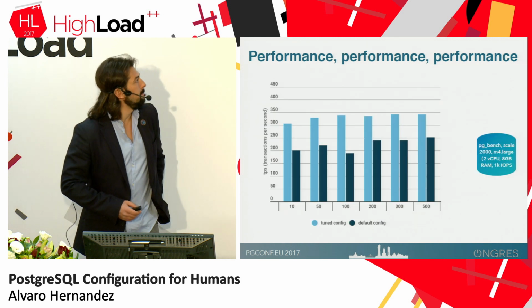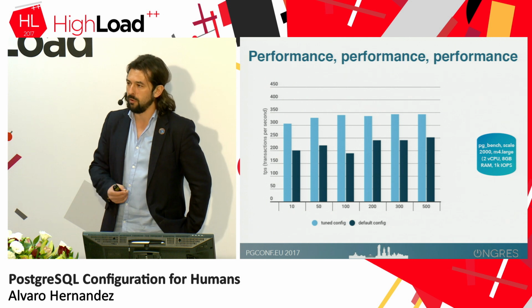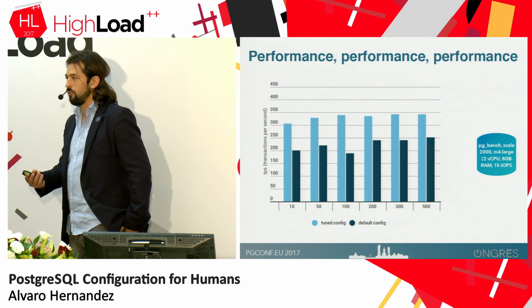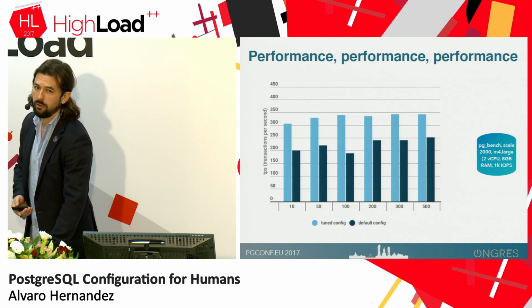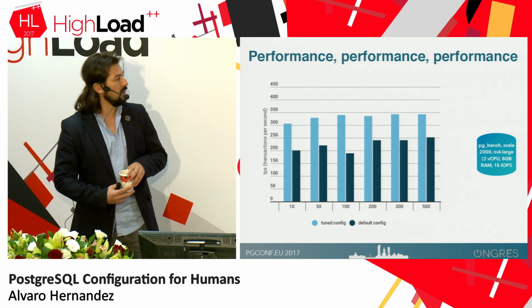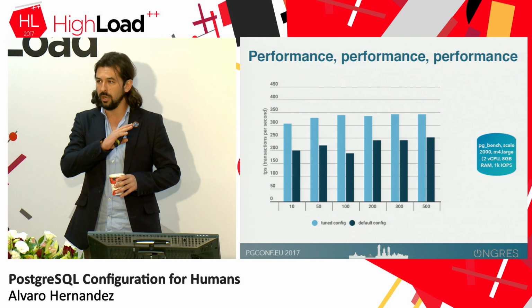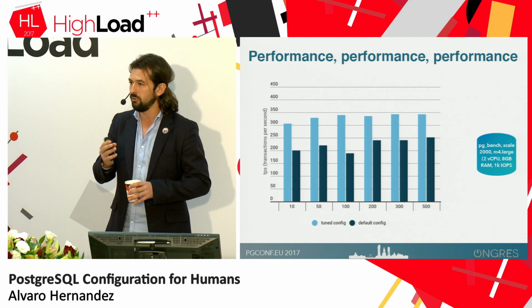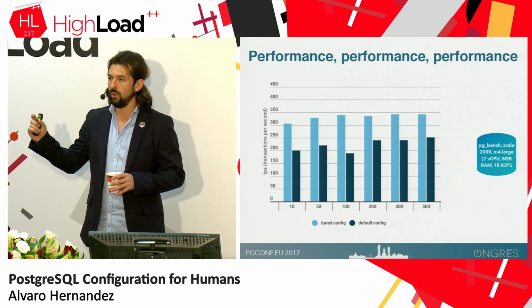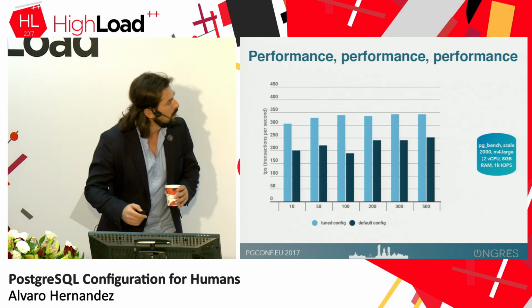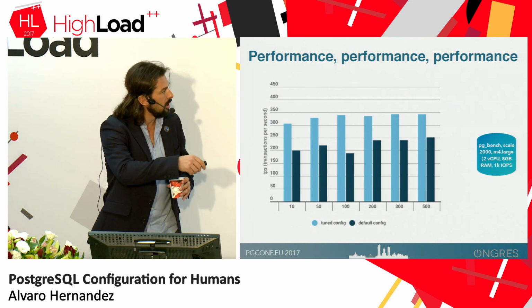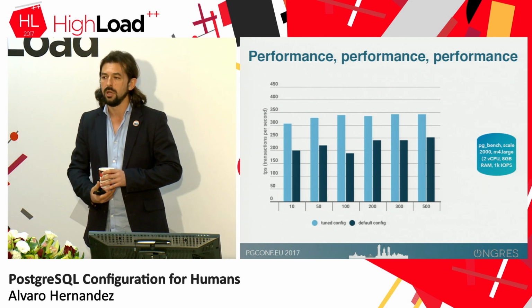So, we're talking about performance, and I want to demonstrate how useful it is or not to tune Postgres. This is what the tuned Postgres configuration compares, and it's not really super tuned. It's just a bit. And this is on a low-level machine: 8 gigabytes of RAM, 2 CPUs on Amazon.